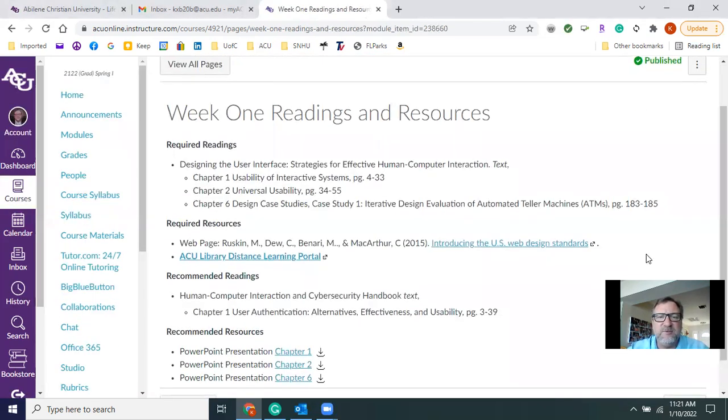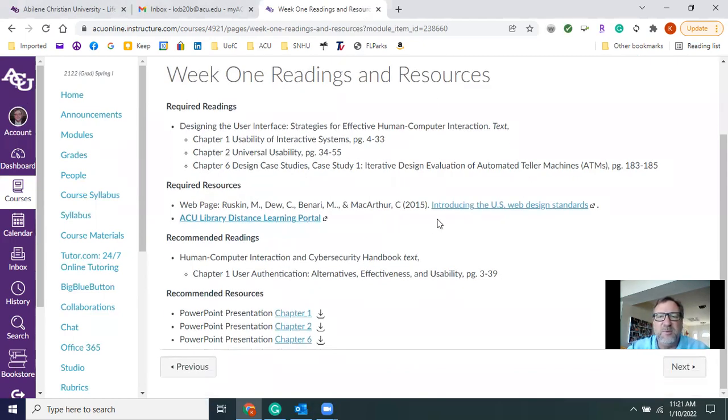The required readings for this week are chapters 1 and 2, and chapter 6, which is the case study for the ATM machines. There's also a web page introducing U.S. web design standards, and the ACU library distance learning portal that you should be using for your research. Like I said, the library is a great resource.